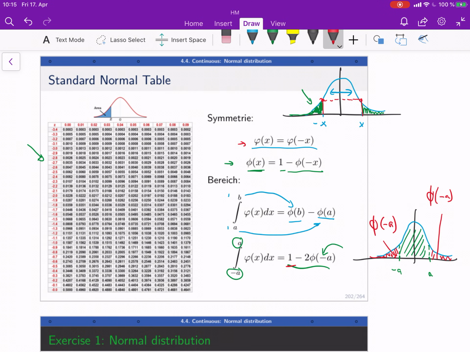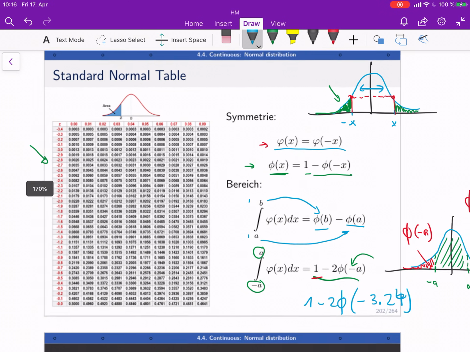Once we have that sorted, maybe we need to calculate 1 minus 2 phi of minus, I don't know, 3.24, something like that. Then I look into the table: minus 3.24.